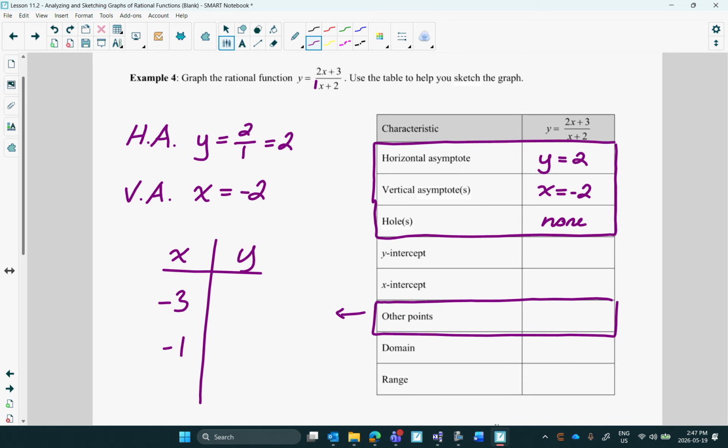So here, I'm going to do 2 times -3 plus 3 over -3 plus 2. That gives me -6 plus 3 is -3, over -1, so it gives me +3.